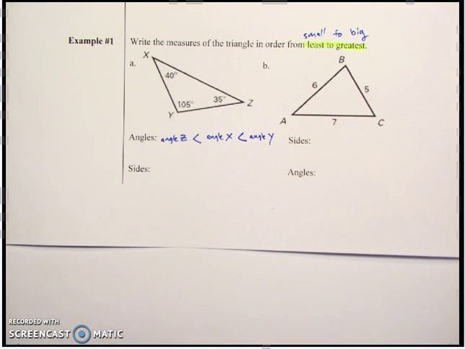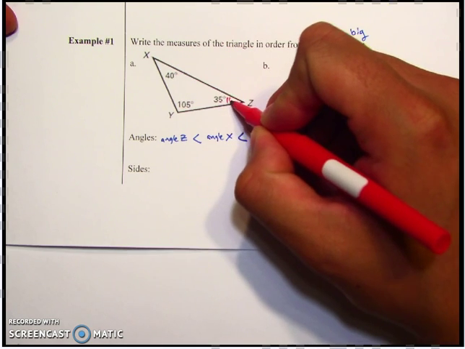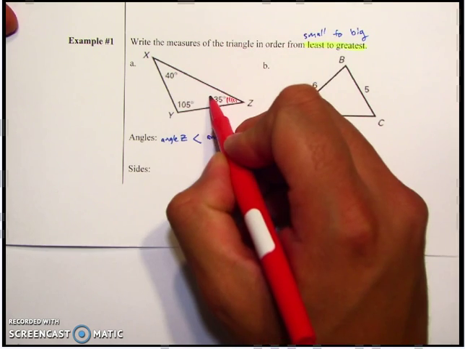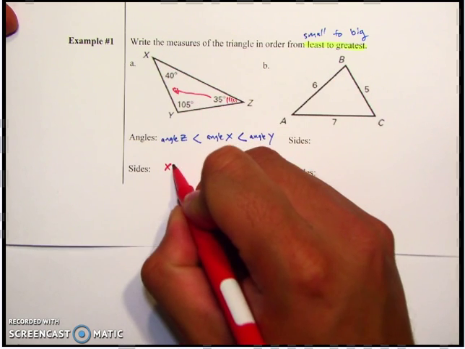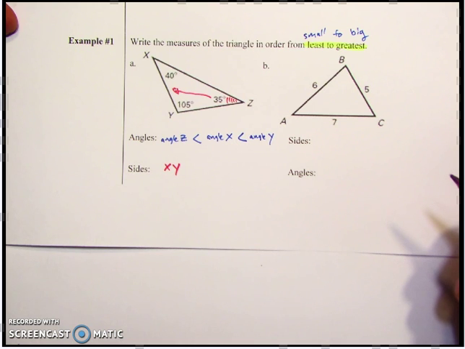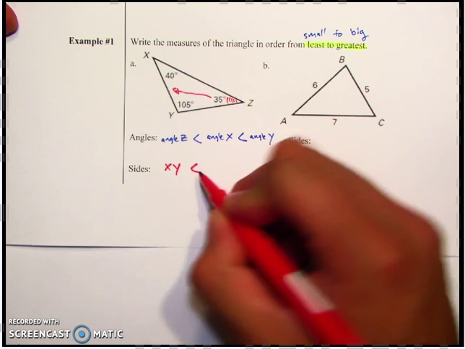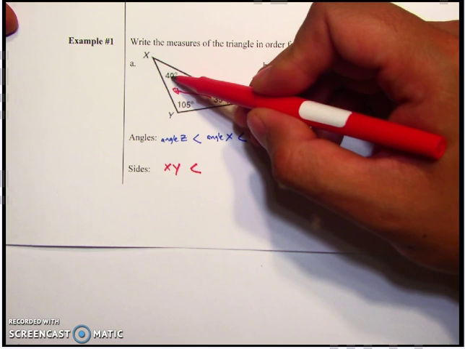So, using that information, you can figure out which one is your small side, which one is your medium side, and which one is your large side. So, let's just go ahead and try that. Here's my smallest angle. So if we go all the way across here, that means XY here is my smallest side. My medium one is 40, that's my middle number.